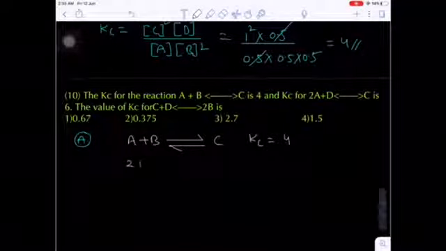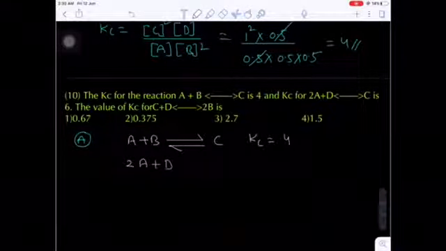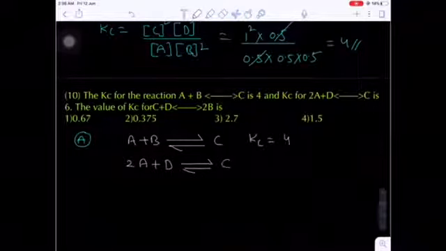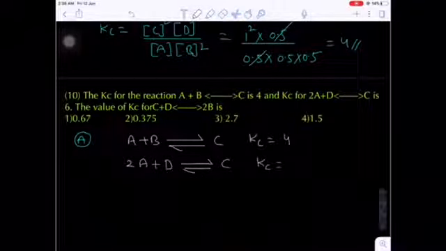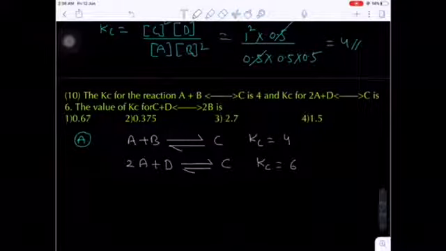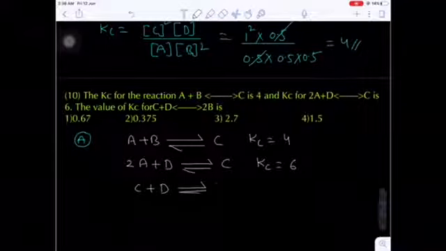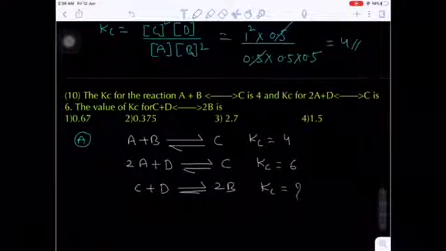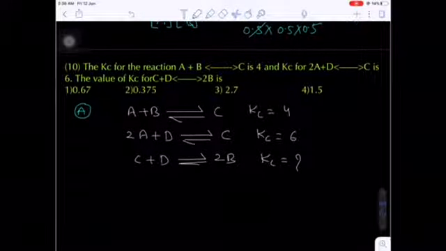Now one more equation is given to you: 2A plus D equilibrium gives C. The equilibrium constant value given to you is 6. Now the question is, what is the equilibrium constant for C plus D equilibrium 2B? What is the equilibrium constant?